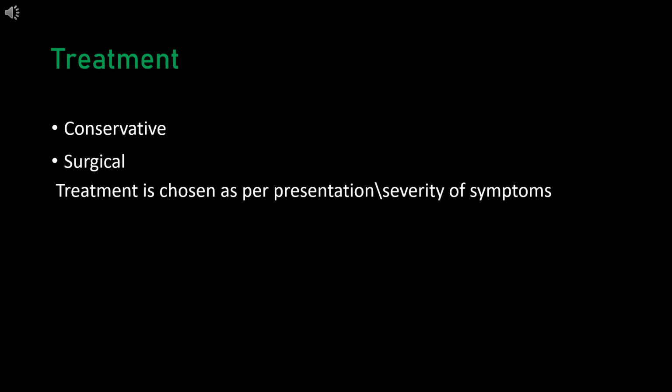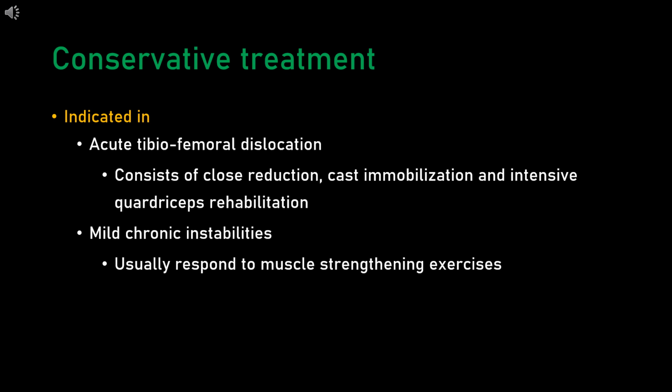Knee instability can be treated by conservative or surgical methods. Treatment is chosen as per presentation and severity of the symptoms. Conservative treatment is indicated in acute tibiofemoral dislocation and consists of closed reduction, cast immobilization and intensive quadriceps rehabilitation. Mild chronic instabilities usually respond to muscle strengthening exercises.